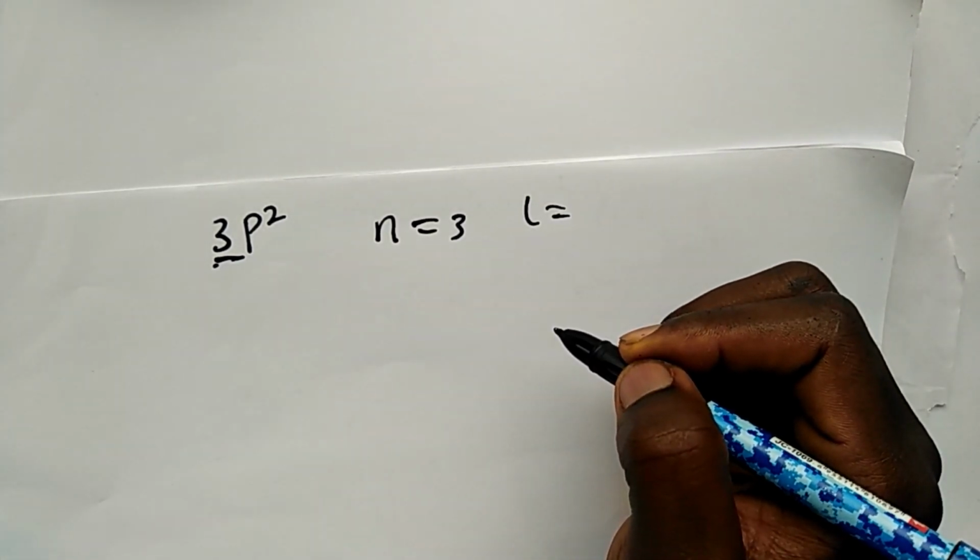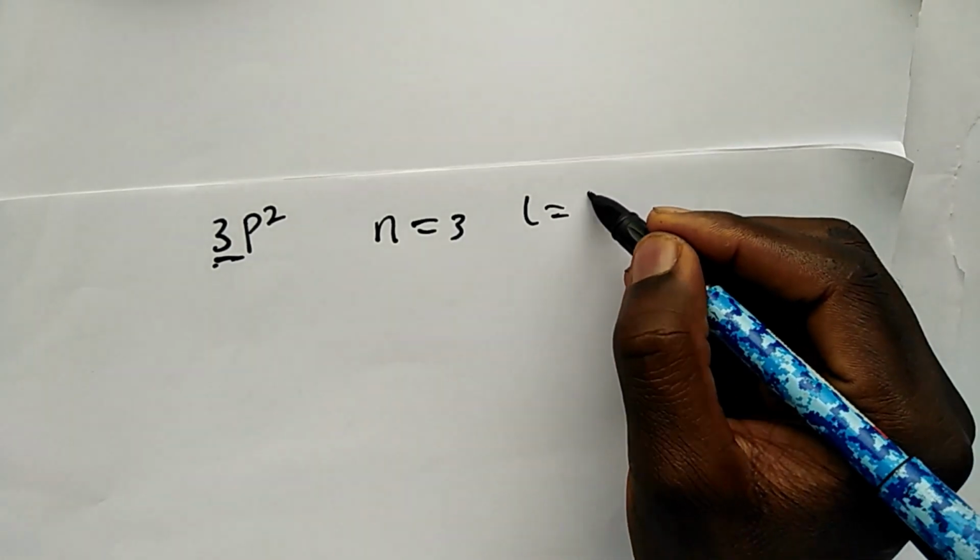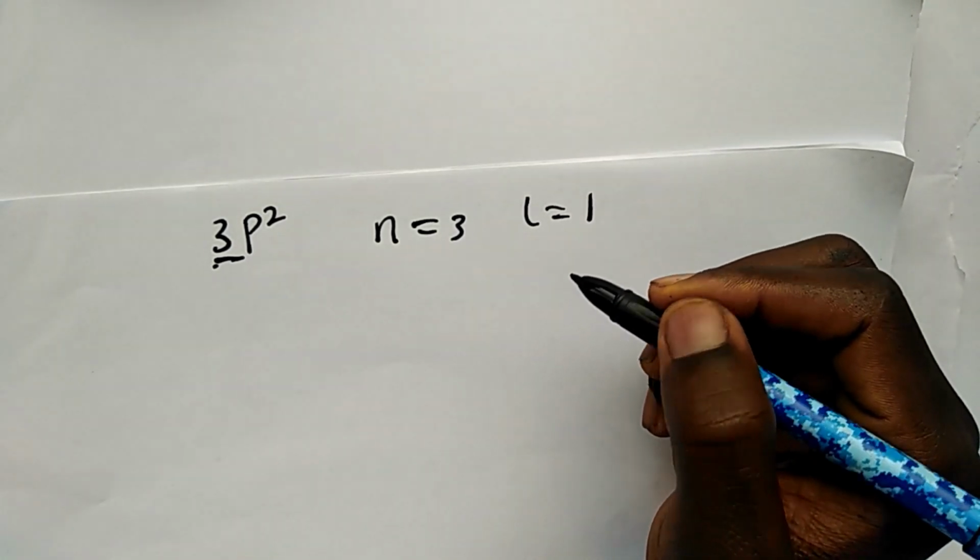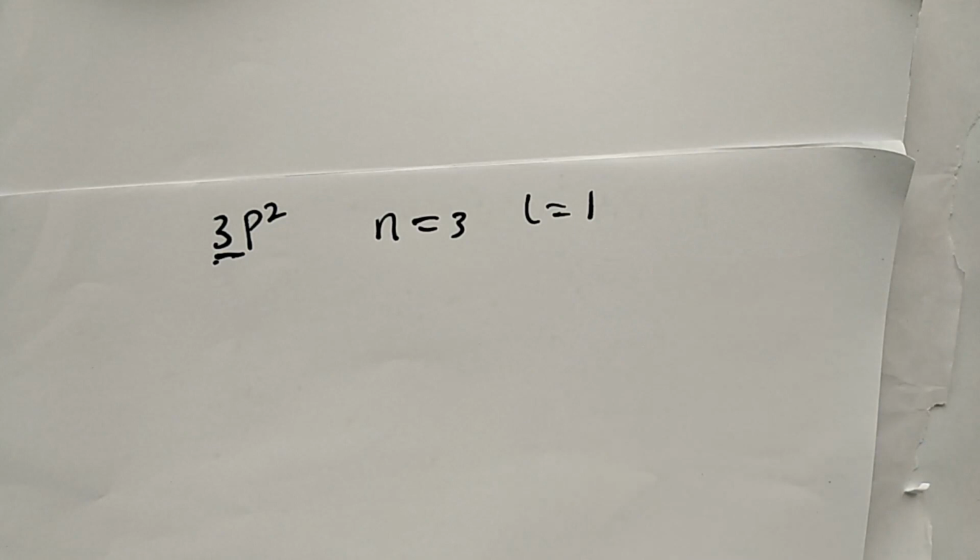L is equal to 1. If you are confused, we discussed earlier that S is equal to 0, P is equal to 1, D is equal to 2, F is equal to 3, and so on. Because it's P, L, our azimuthal or angular quantum number, is equal to 1.